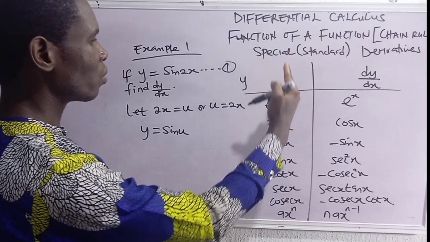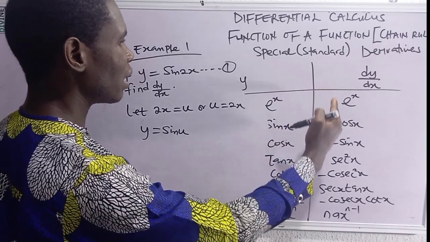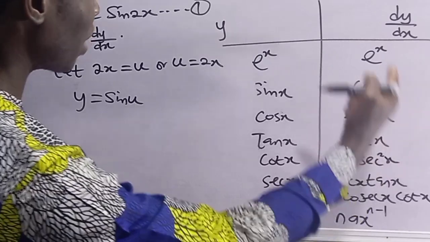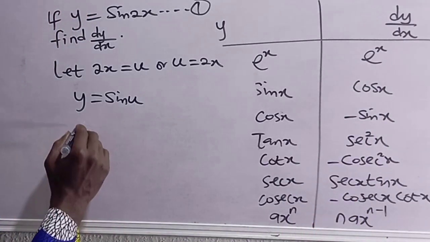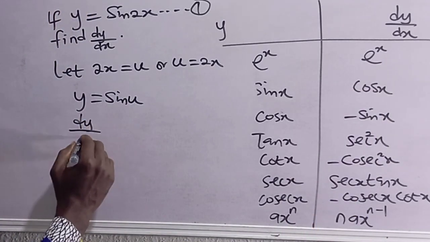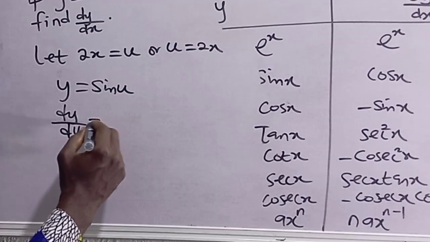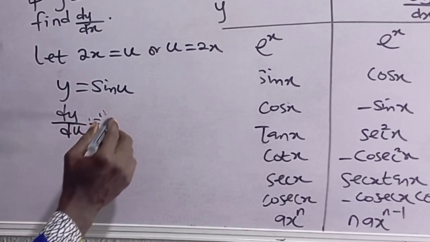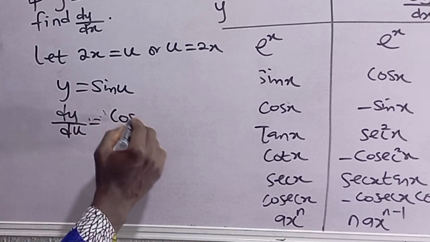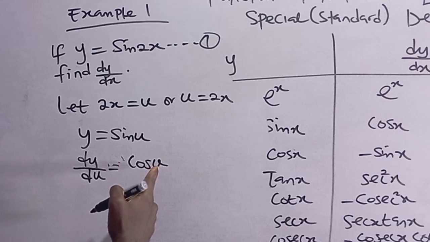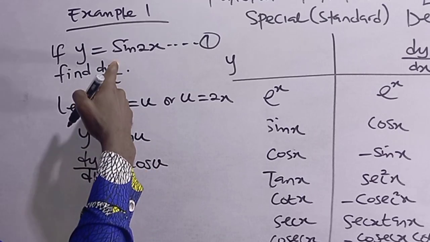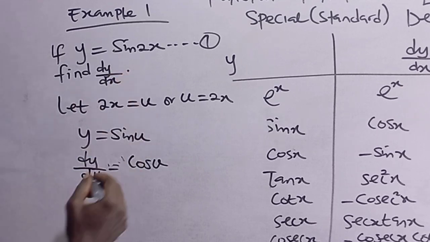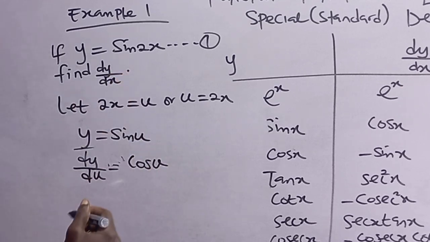If y is equal to sine p, dy over dp is equal to cos p, and so on and so forth. So here we have dy all over du is equal to cos u. But we are looking for dy all over dx, so this is not the final answer.